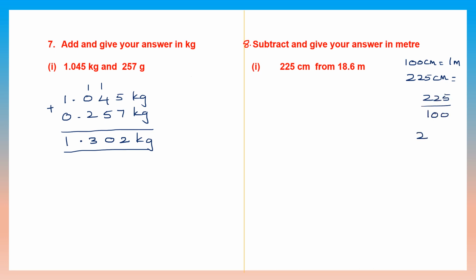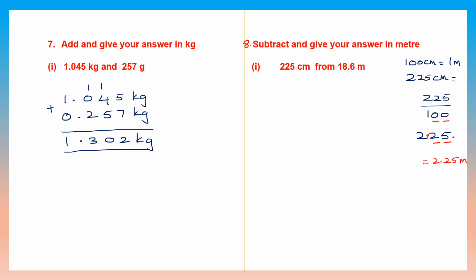So 225, let's write it as a whole number. And for a whole number, we know the point is after the number. Now 100 has 2 zeros. So the point has to move 2 places to the left because it's division. So the point comes here. So now we have 2.25 meters.